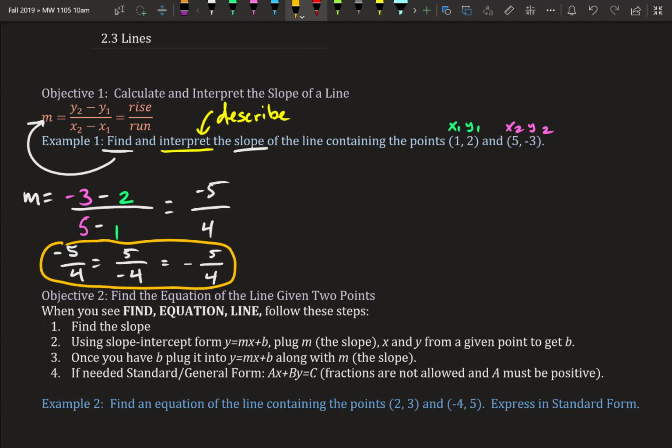Let's use this slope of negative 5 over 4. What this means is for every 5 units, and since it's negative, you go down, the graph moves down.